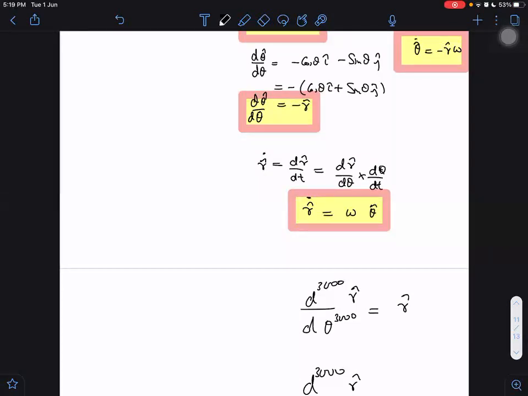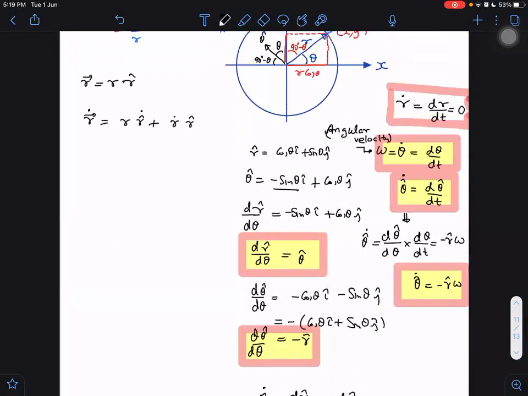See it this way. dr cap by dt is omega into theta cap. One time derivative is this. What will be the double derivative? I'm writing double dot to mean double derivative. Omega is constant because I am not assuming omega to be varying in this case; it would become more complicated otherwise.